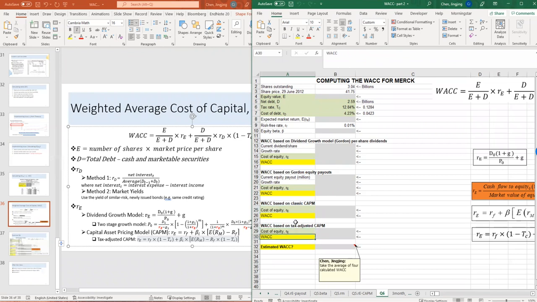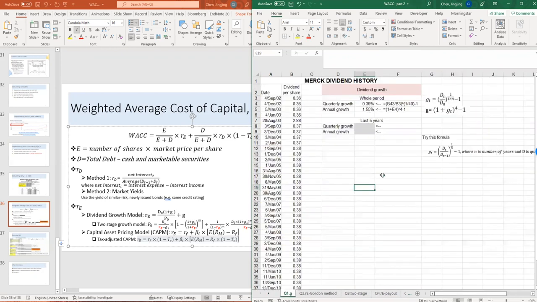So we'll have 4 different estimates of the weighted average cost of capital. And finally, perhaps we can just take an average of all 4 of them if they are not very different from each other. Okay, so let's go ahead and start.